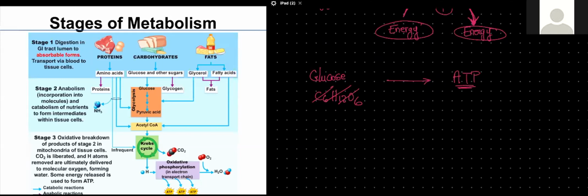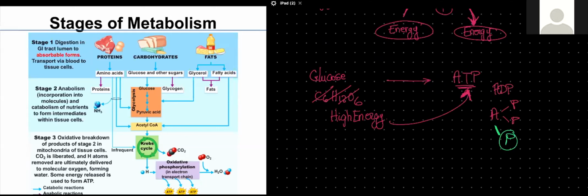I need to transform those high energy bonds from the glucose to build up high energy bonds between an ADP, an adenosine diphosphate, which is adenosine attached to 2 phosphates, and one other phosphate. This is the bond that I will be building up by breaking down the high energy bonds located in this glucose.